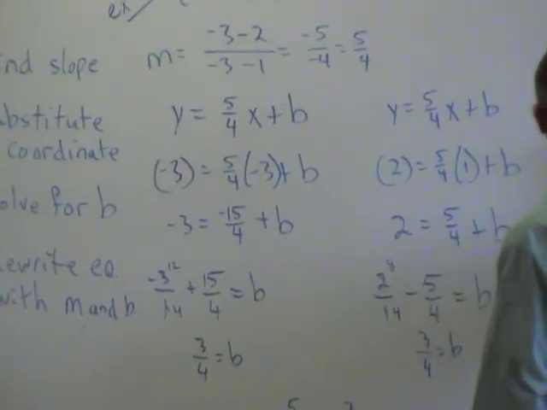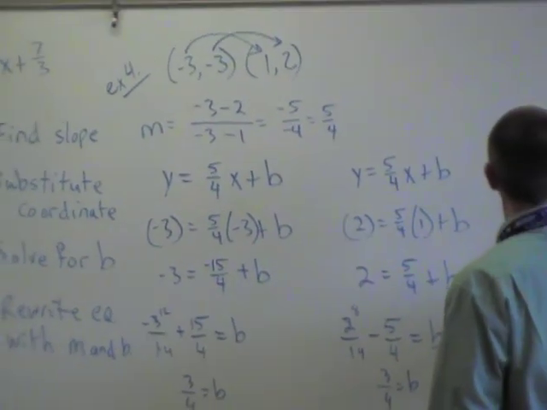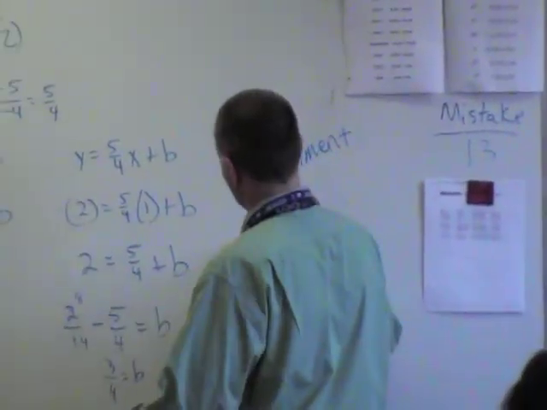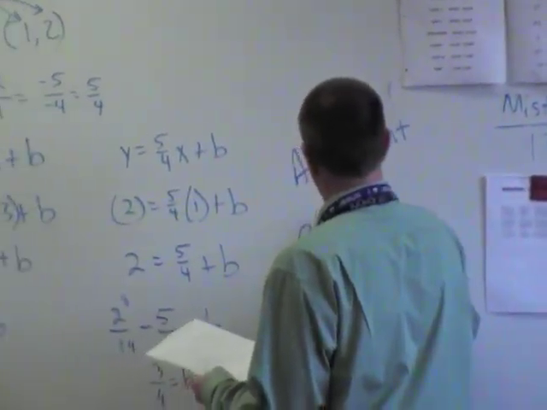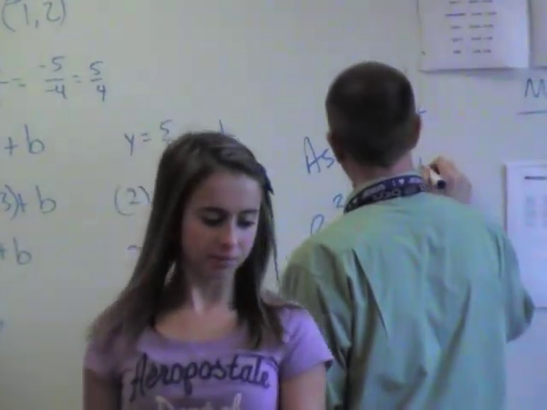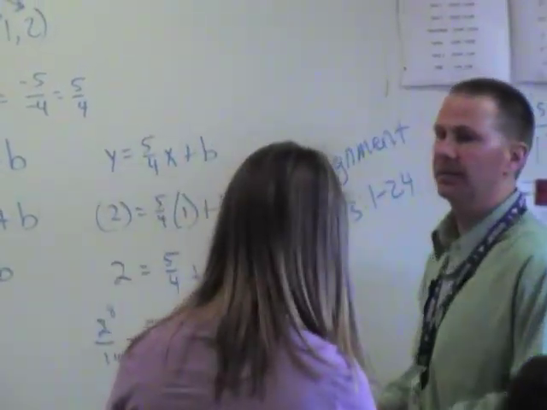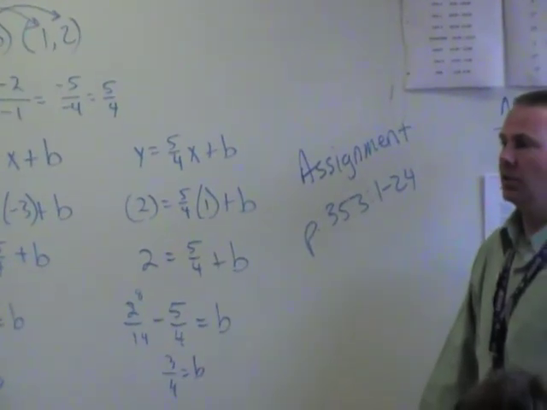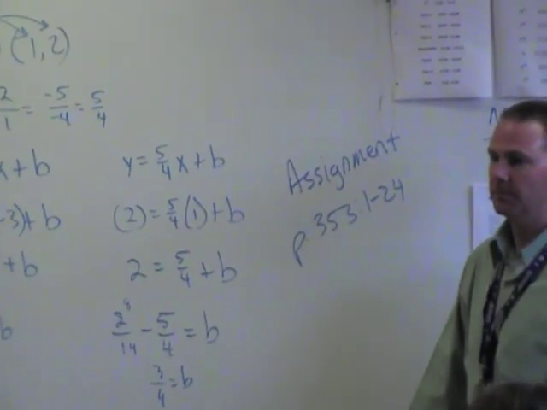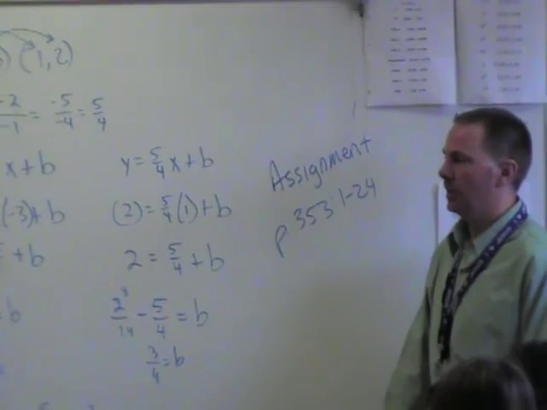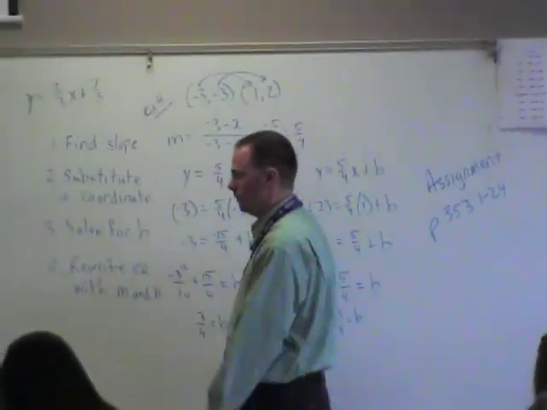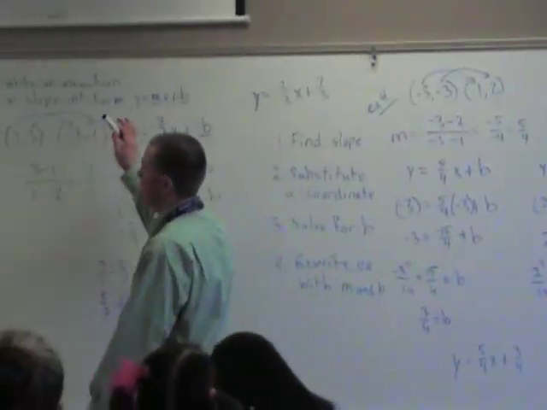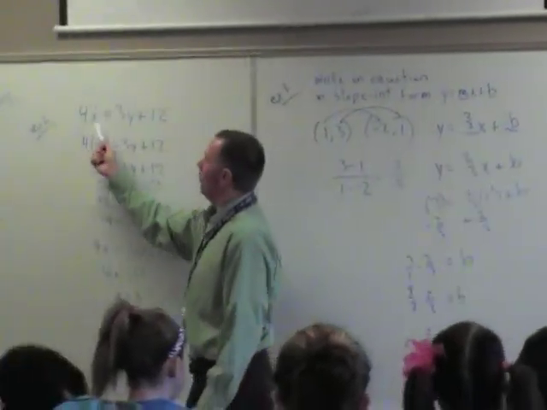All right. Your assignment, page 353, 1 to 24. Oh, now listen carefully. There's a thing called standard form. If it tells you to write something in standard form, that means you are to get your x and y terms together.